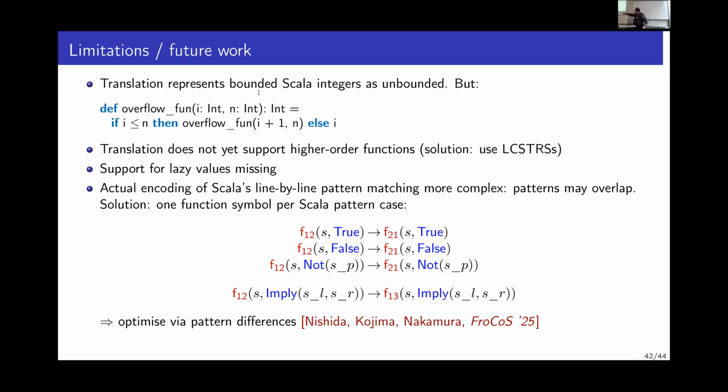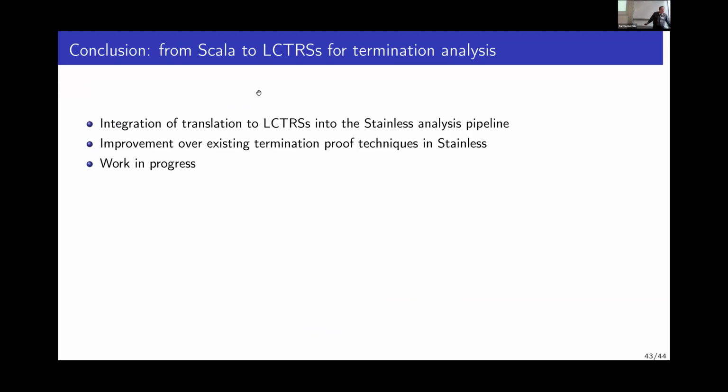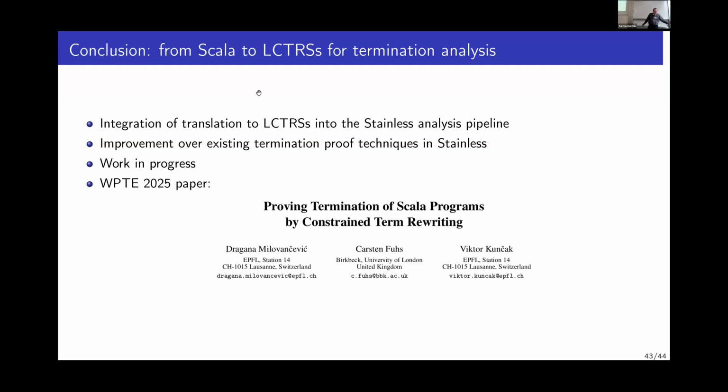And I'm looking forward to the next talk to learn about pattern differences, which may help us to come up with a more efficient encoding. So to conclude that last part, this is work in progress about using constraint rewriting to analyze Scala programs. You can read more in our WPTE paper.